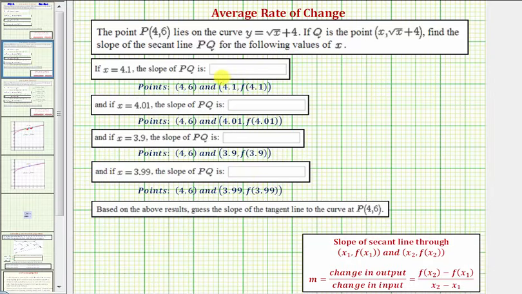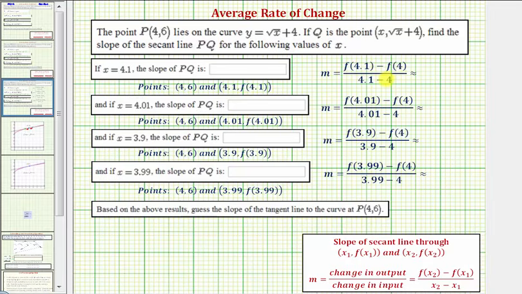So now we'll set up the slope for each of these secant lines using our slope formula here. And again, to save some time, I've already done this. On the right here, for our first secant line, the slope is going to be equal to f of 4.1 minus f of 4 divided by 4.1 minus 4. So notice how instead of writing 6 here, I wrote f of 4 just for consistency.